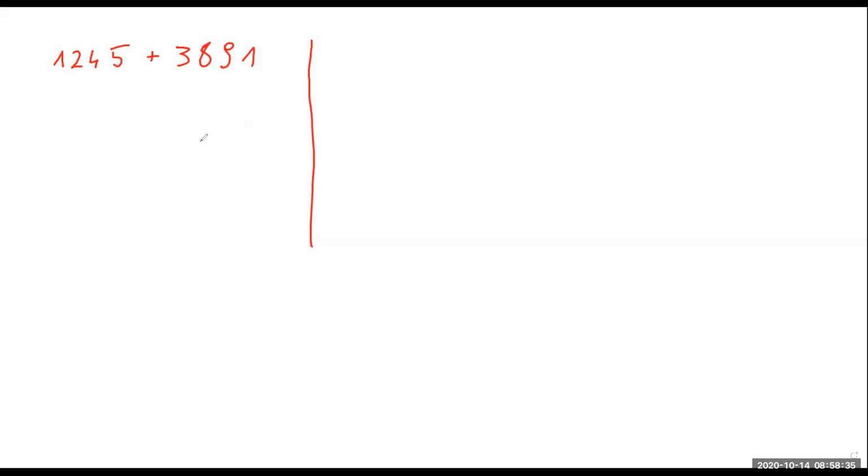So, you know, it's a very simple knowledge from primary school. It's enough to know how much is 1 plus 1 up to 9 plus 9. It's enough to know all of these combinations to calculate it, because I calculated like this.